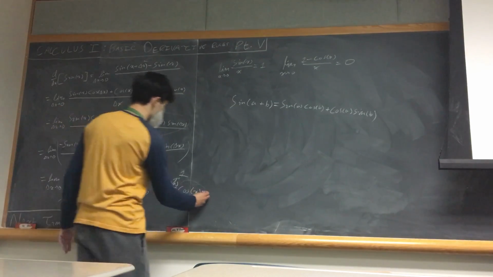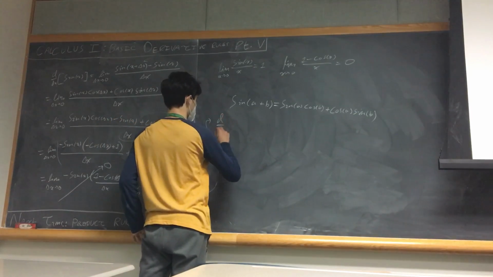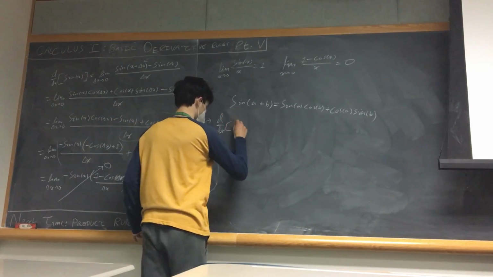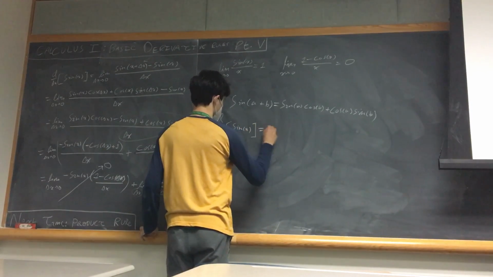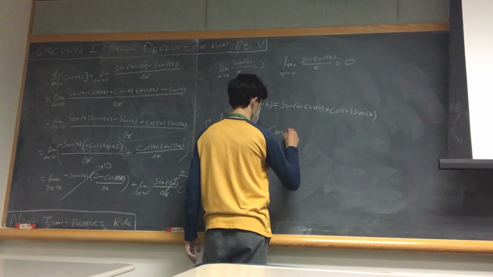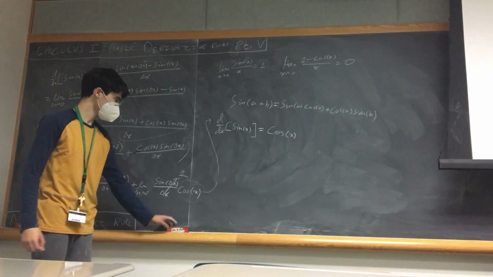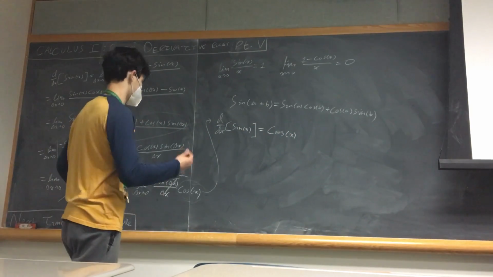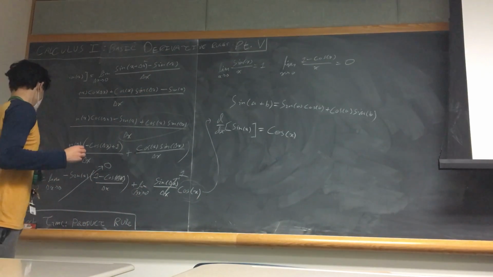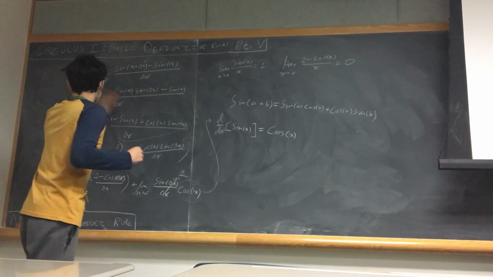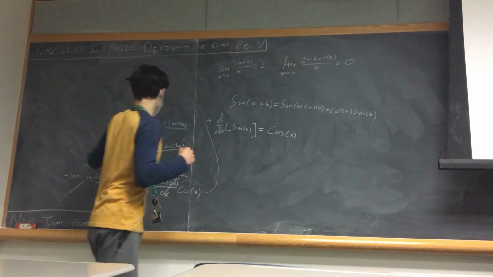So this tells us that the derivative of sine of x is equal to the cosine of x. And then we can prove in a similar manner that, and let me write these up here.